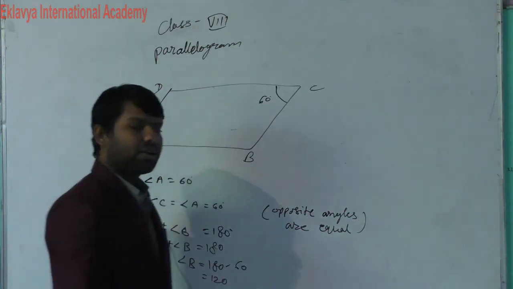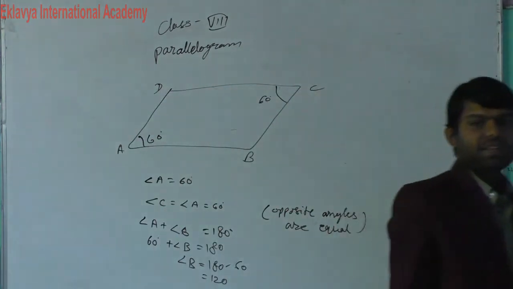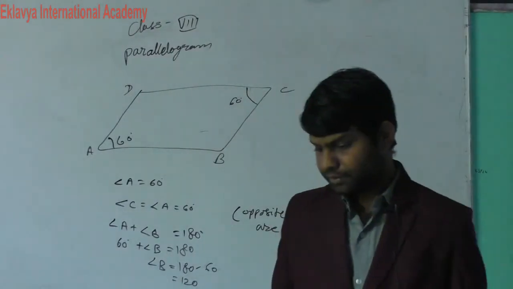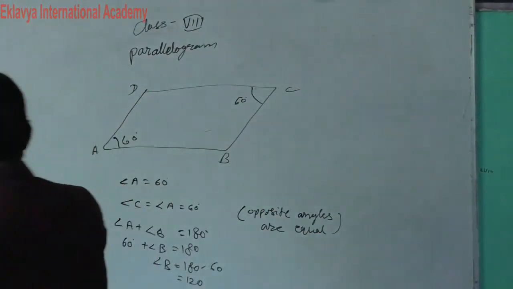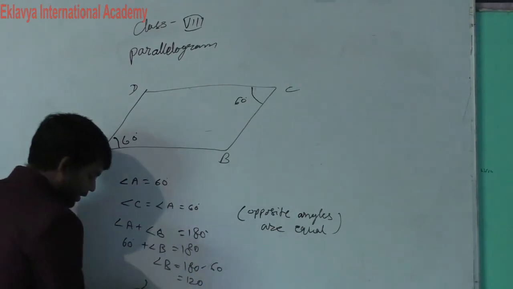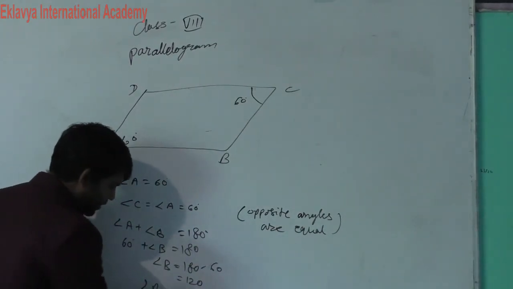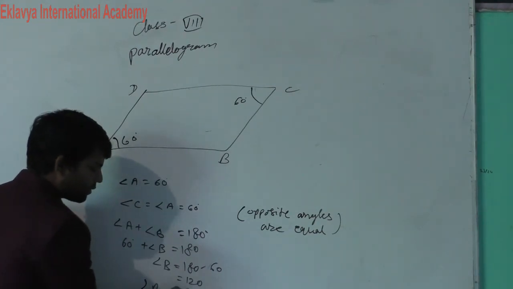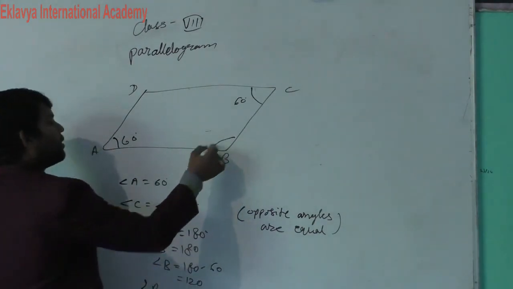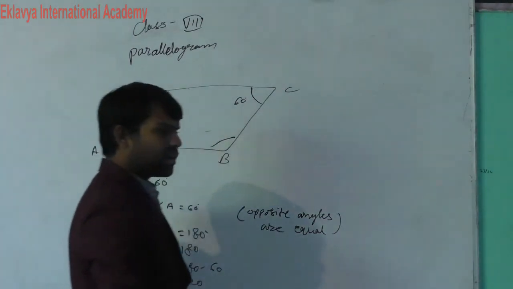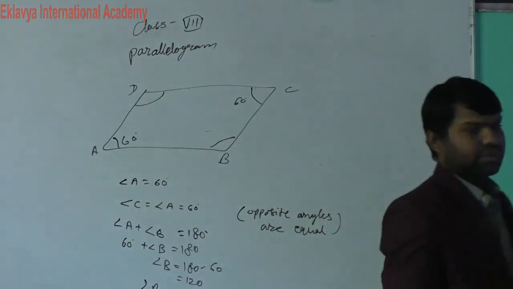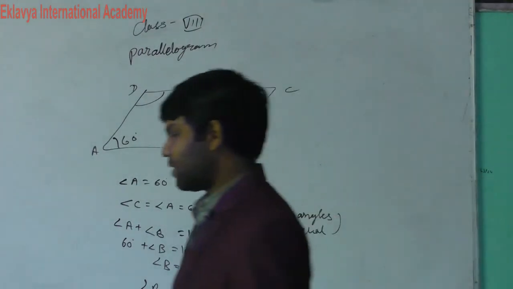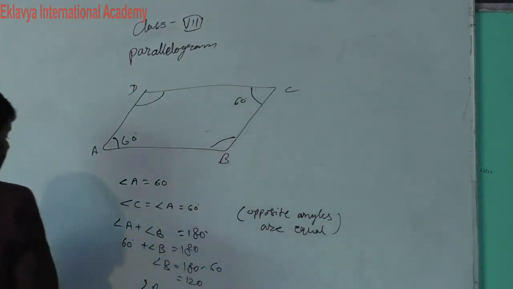We got it, 120 degree. If we got angle B, then angle B is equal to angle D, 120 degree, because both angles have same measurement. Okay?